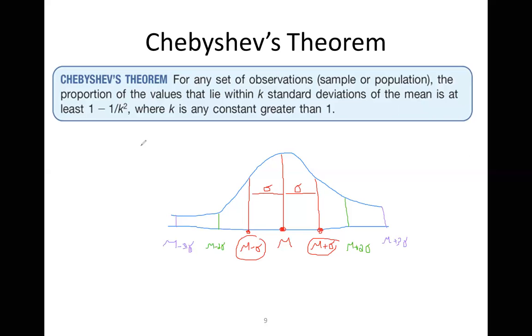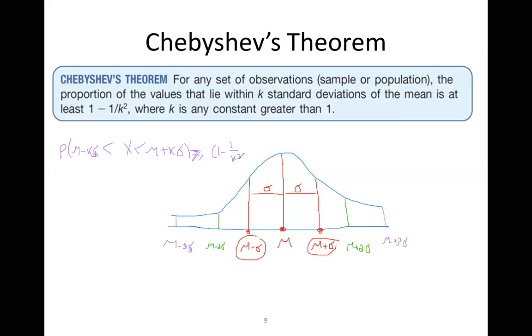The Chebyshev theorem says that whatever the distribution of the data is, symmetric or not, the proportion of the data between mu minus k sigma and mu plus k sigma is at least, meaning greater than or equal to, 1 minus 1 over k squared.